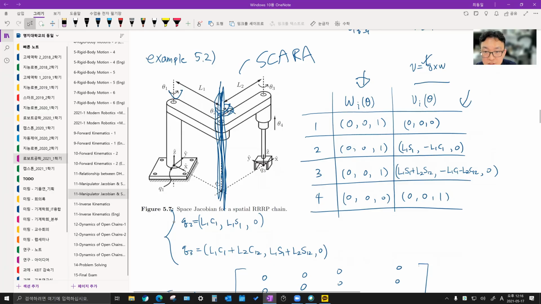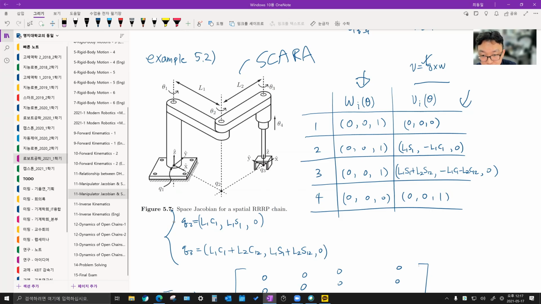So this figure itself shows the movement depending on theta 1, theta 2. So if we choose Q2 as this one, this Q2 point can be calculated by L1 cosine theta 1 and L1 sine theta 1.